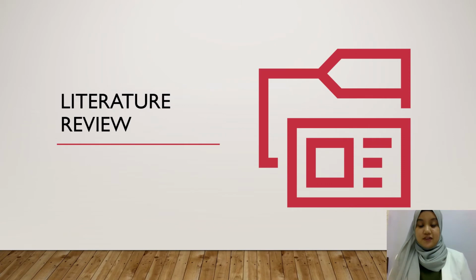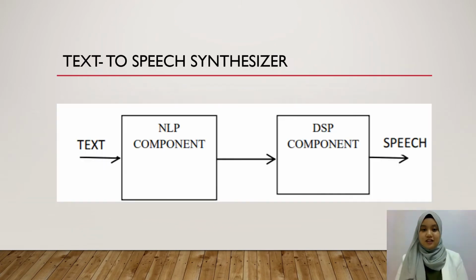So we proceed with the literature review. Okay, the first part is the text-to-speech synthesizer. The figure shown in this slide is a speech synthesizer. It is used to analyze a text and come up with speech as the output.